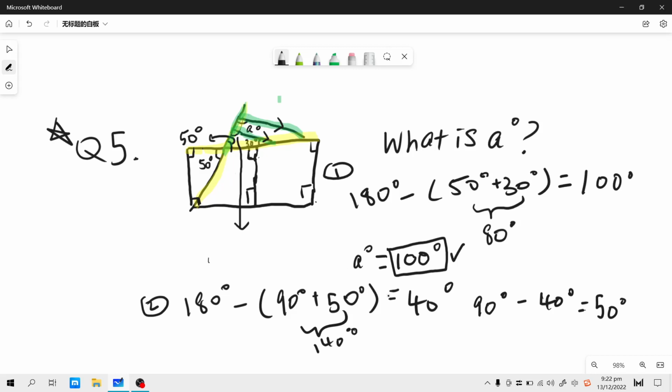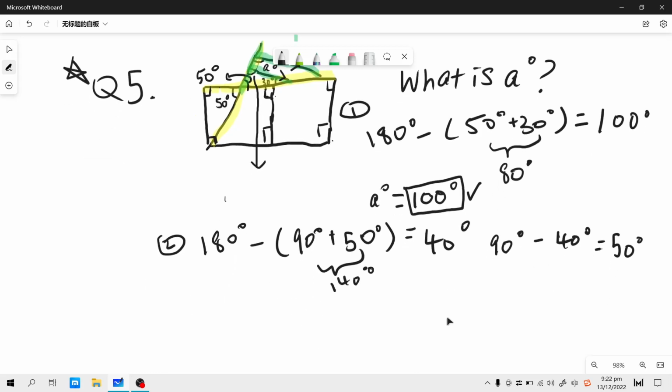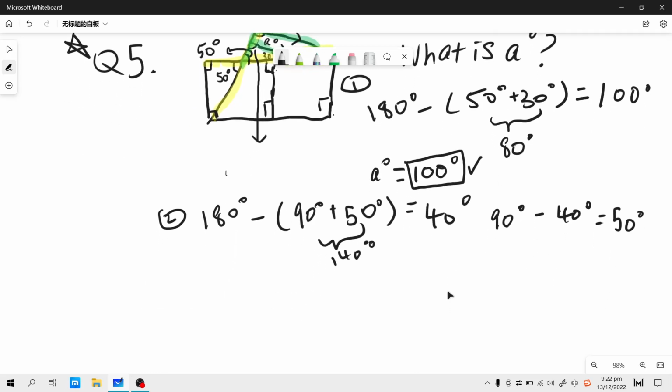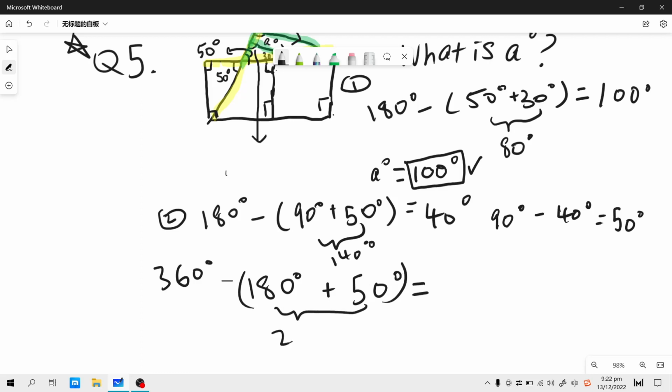So 360 minus 290 degrees equals 180 degrees minus 50 degrees, which equals this. You can just put a bracket here. This is 230 degrees, this is 130 degrees.